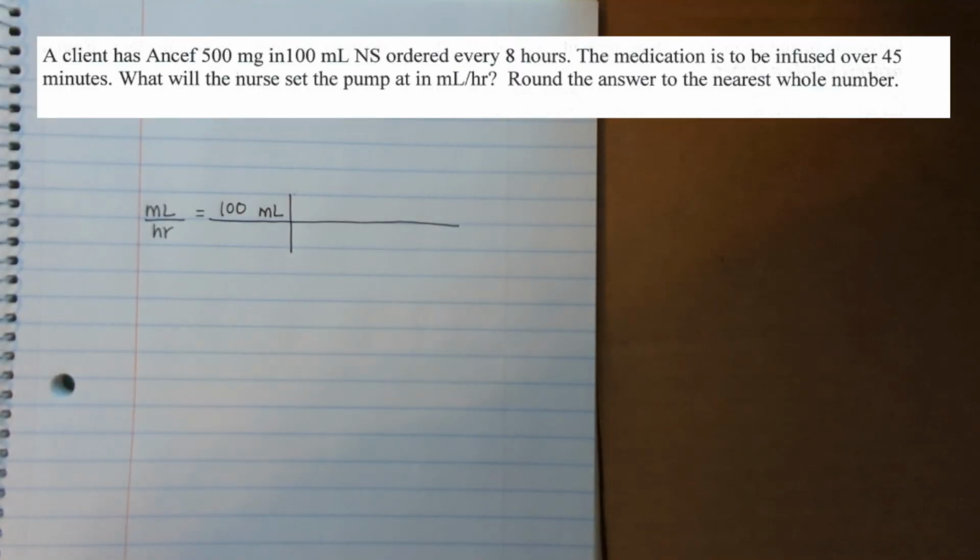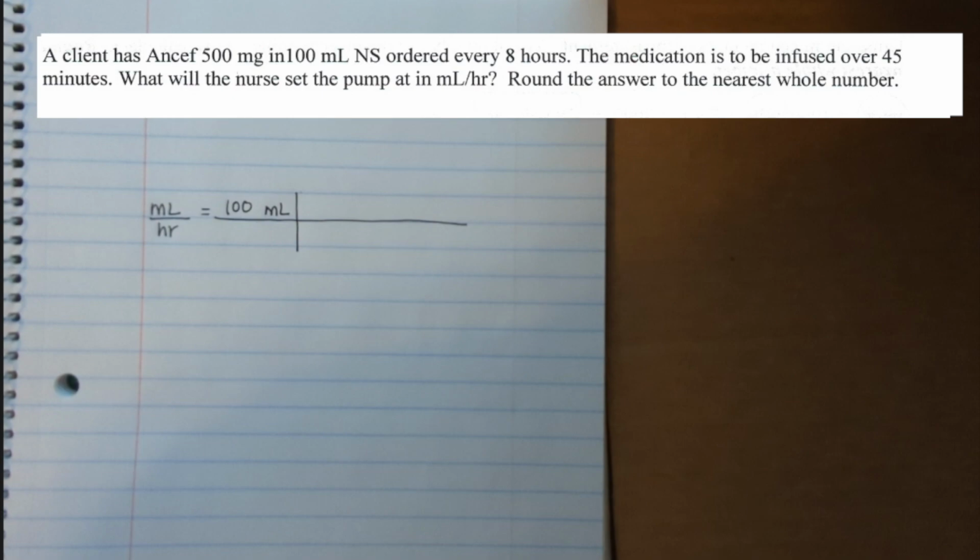Looking at the problem, I see that we have 100 milliliters. Now we need to put in its sister or its partner underneath. We've got a couple choices here. We could use the 500 milligrams, but remember, we don't usually include our dose in our problem. If you try to plug in the 500 milligrams, you won't be able to get rid of it using dimensional analysis.